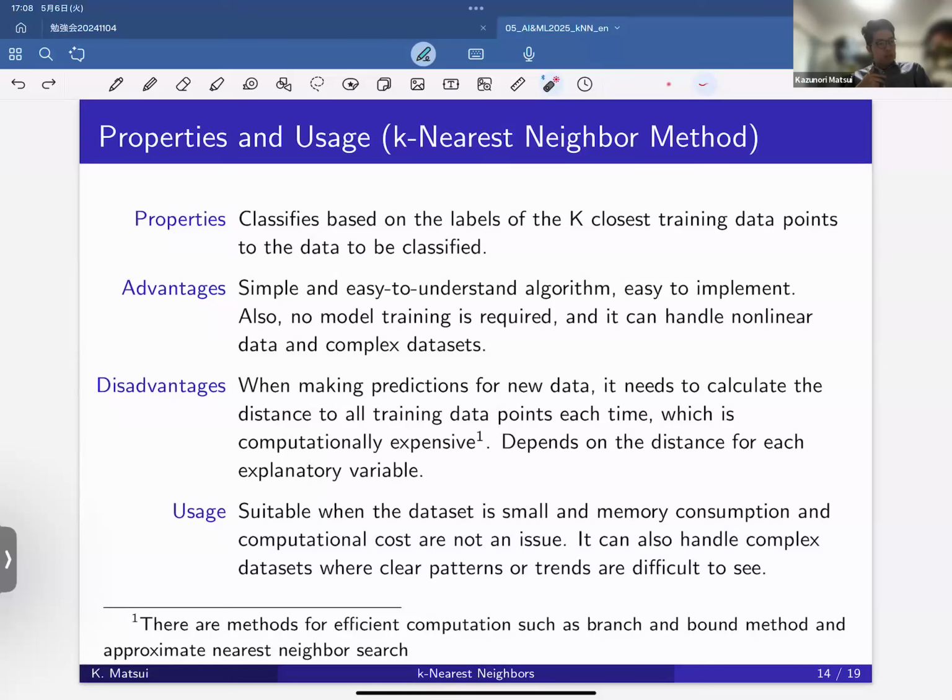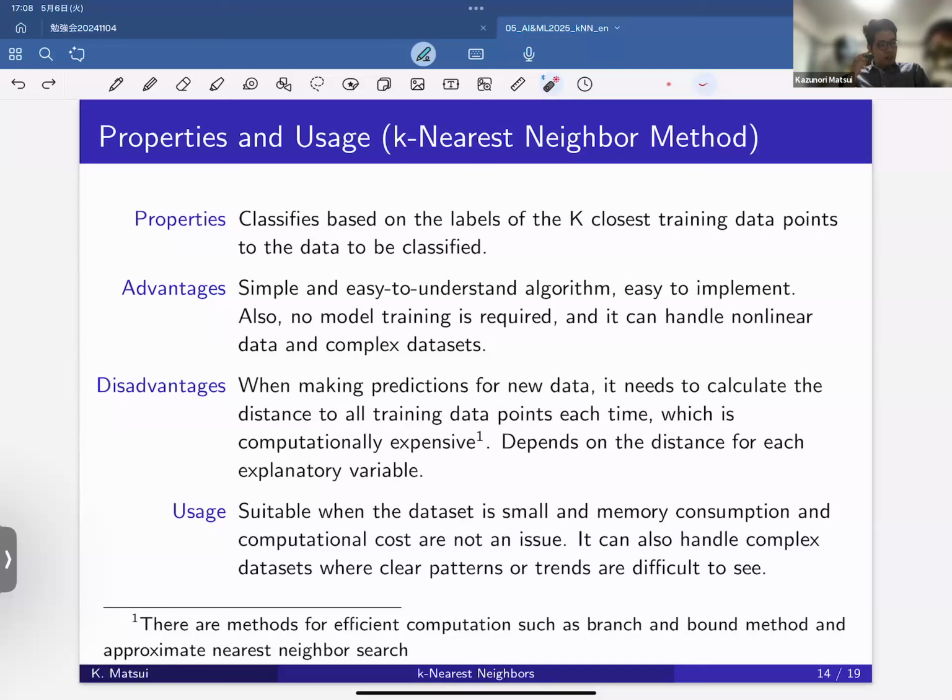No model training is required, and it can handle nonlinear data and complex datasets. Its disadvantages include high computational cost since we need to calculate distance to all data points each time. As I explained earlier, it also depends on the distance for each explanatory variable.